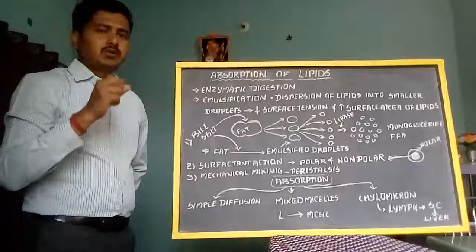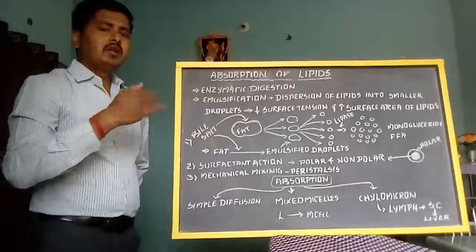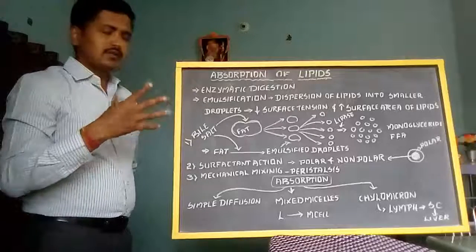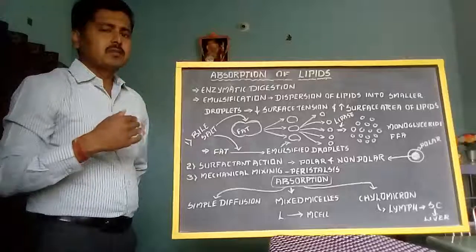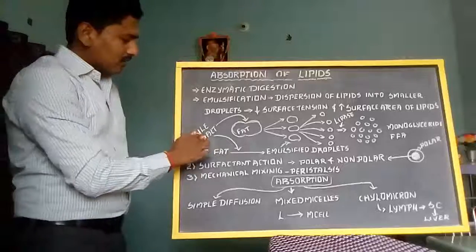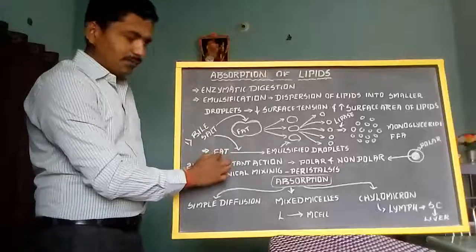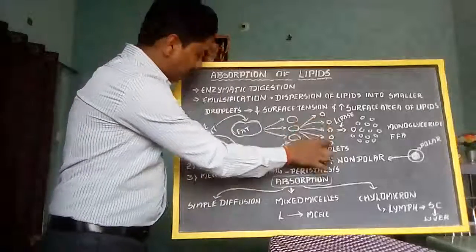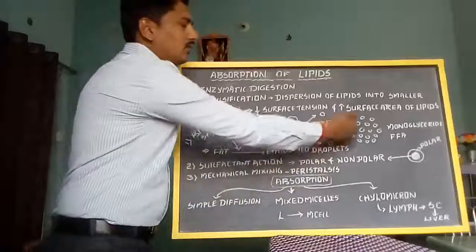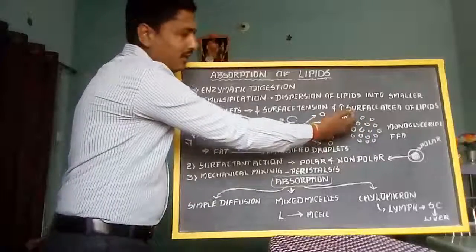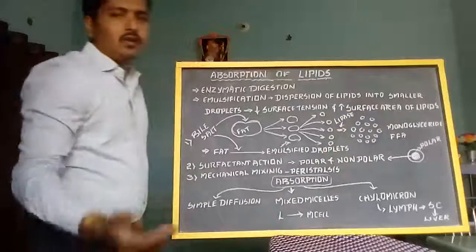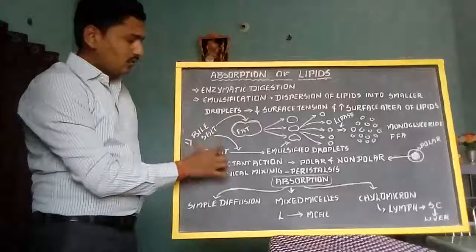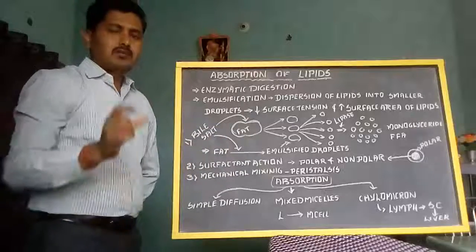That's why it adjusts with both the aqueous medium and the lipid layers. The bile salt acts over the larger part of fat and makes it become emulsified smaller droplets. Then further processing takes place with enzymatic action, and finally we get monoacylglycerol or free fatty acid. This is how the bile salt acts over the larger molecule of fat.